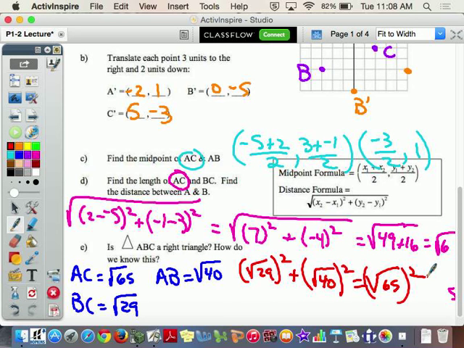Now the cool thing is because squaring and square rooting are inverses, they just cancel each other out, so to speak. So we have 29 plus 40 equals 65. And then the question is, yes or no? No. So make sure you answer the question. The answer is no, it's not a right triangle.